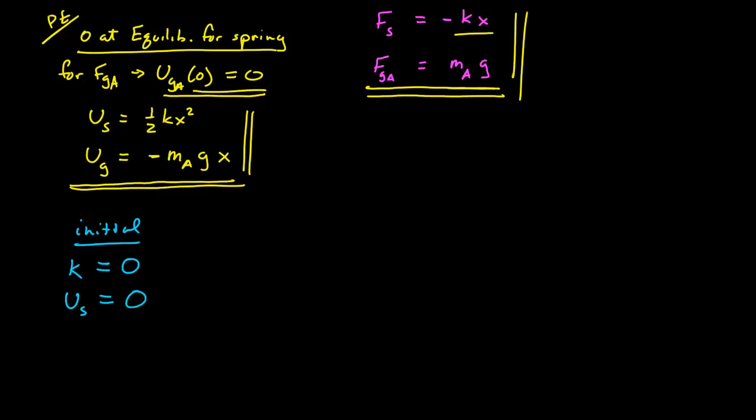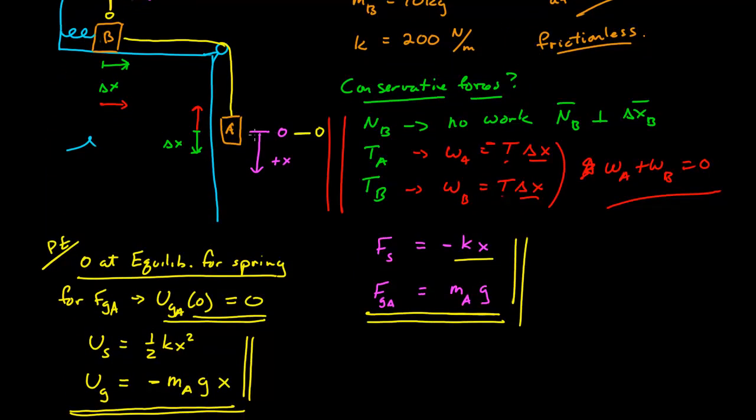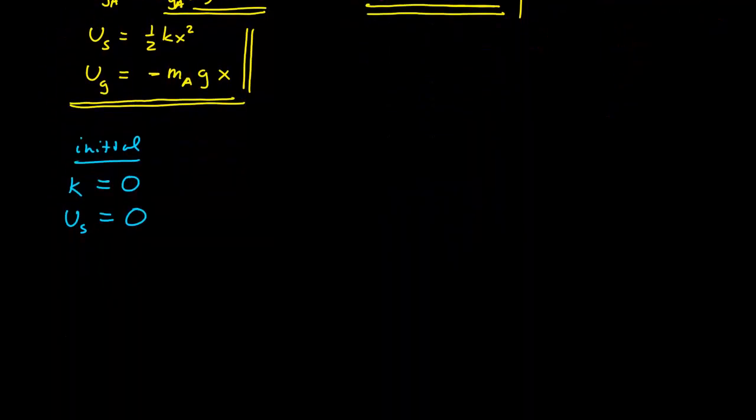And given my choice of coordinate system, 0 at the initial position, and my choice of 0 for my potential energy, which is at that same equilibrium position of mass A, my gravitational potential energy is also 0, so my total energy is 0. So the sum of all my energies will always be 0, given that energy is conserved. So that's my initial. So what happens in my final time?